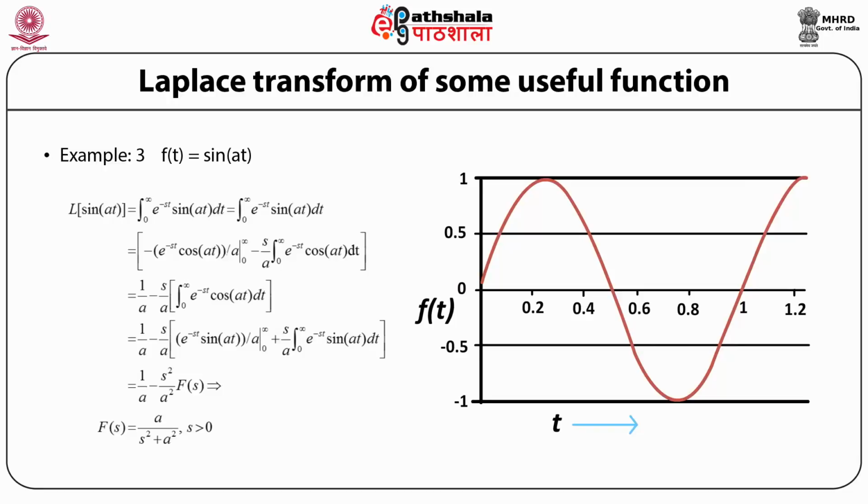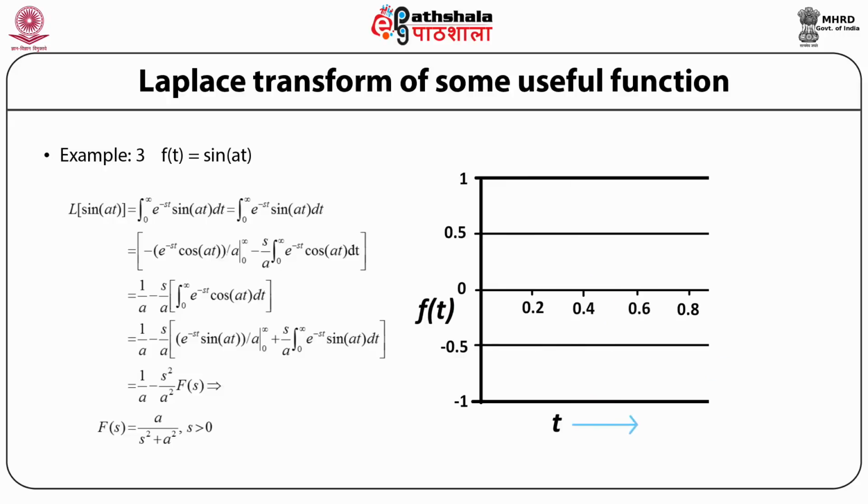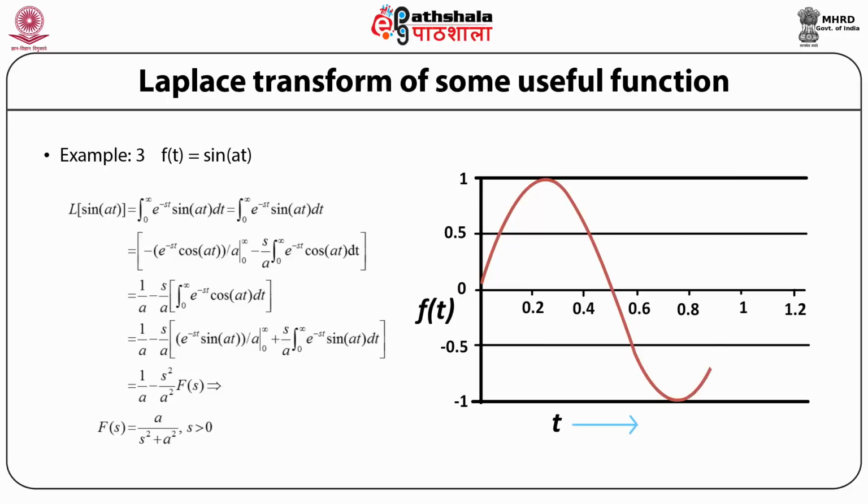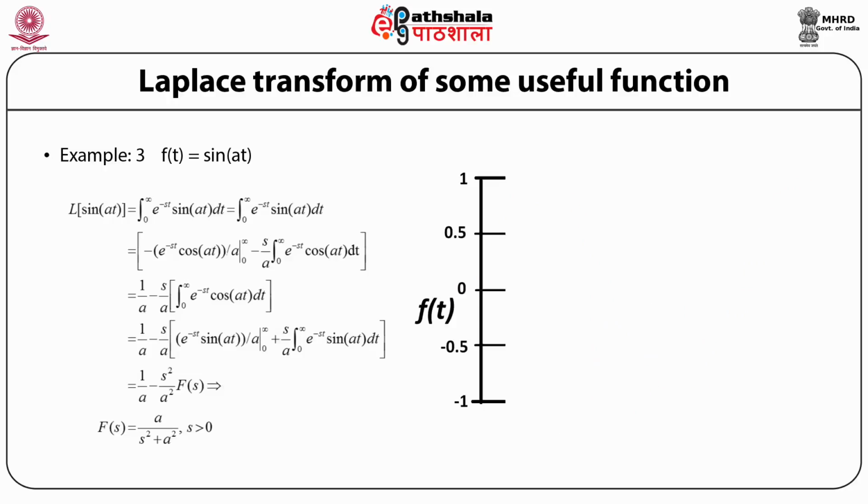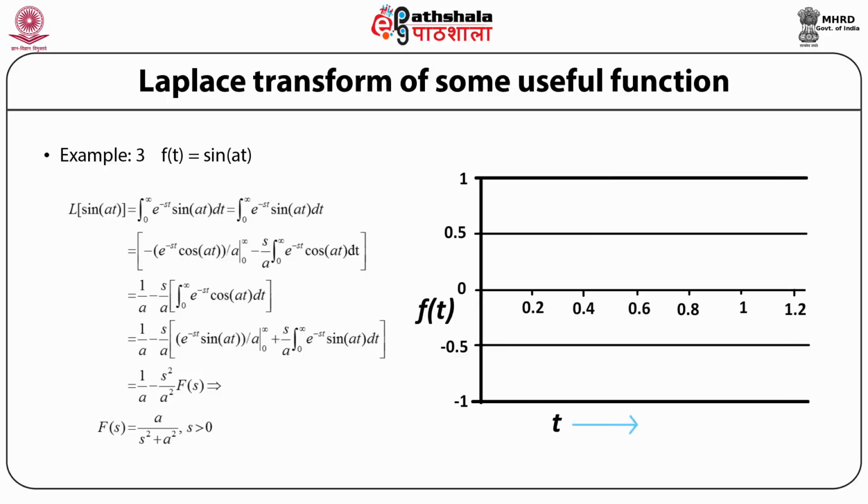So I will let you figure that out, and then you will get minus of e power minus st cos of at divided by a, applied limits between 0 to infinity, minus s by a integral 0 to infinity e power minus st cos of at dt.